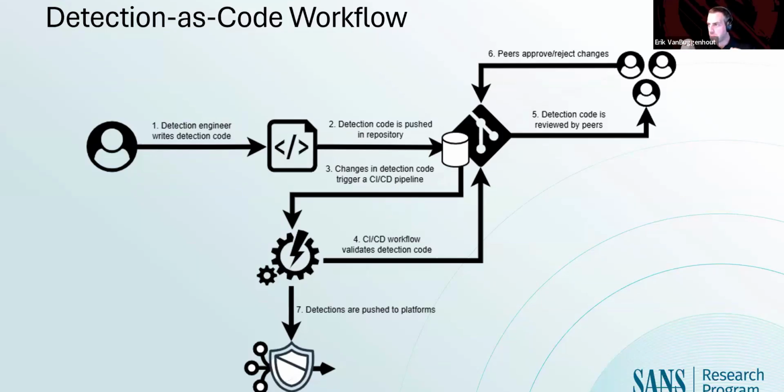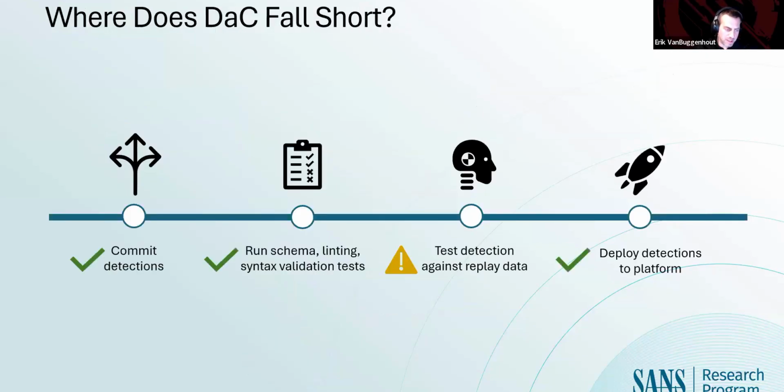You can have it reviewed by peers, so you have a peer review process. Just make sure, does that look okay? Does that make sense? You have an approval flow, and then of course it gets pushed into your platforms. Looks pretty straightforward. That's a very basic process that you could put in place. But where does it become tricky?